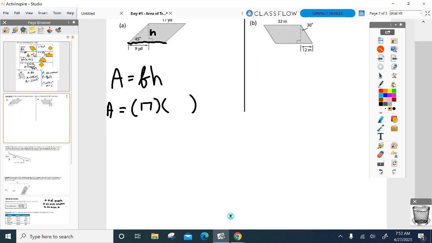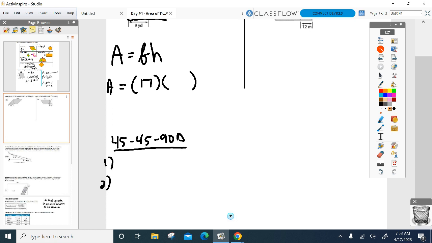Real quick rules again. 45, 45, 90 triangle. Our two rules. And yeah, sorry guys, this is where we are at this point in the year. Legs are congruent in a 45, 45, so the two legs are congruent.